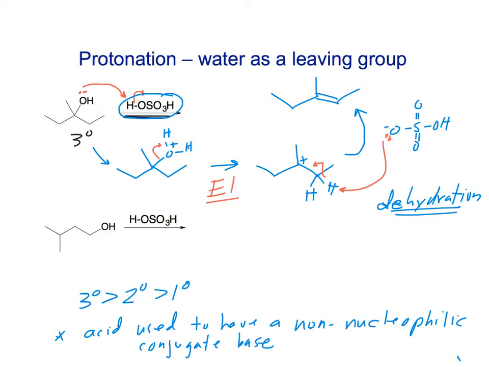So here's an example of a primary alcohol doing an elimination reaction. The first step is the same as we saw before. But in this case, because if the water just comes off, it would form a primary carbocation, which is very unstable, this reaction is going to follow an E2 mechanism.